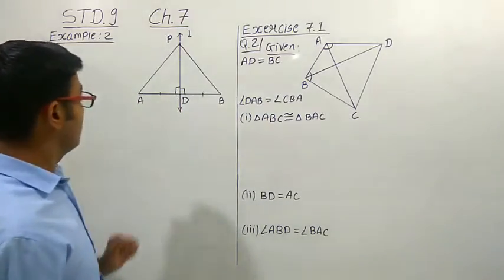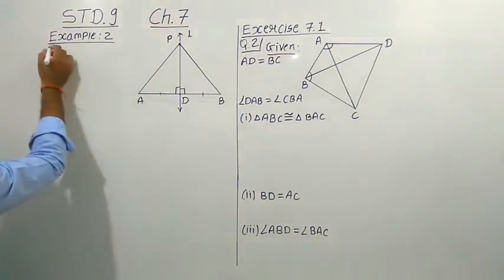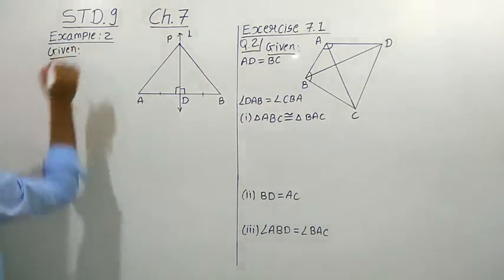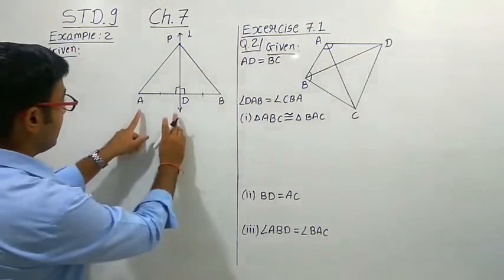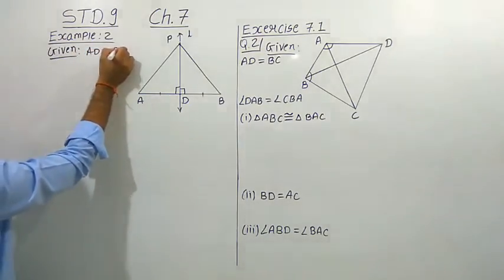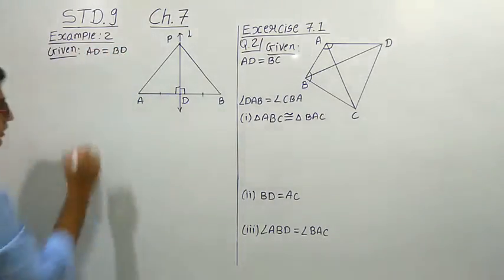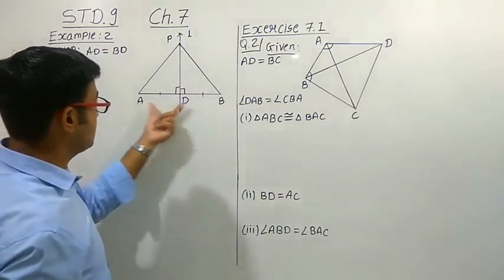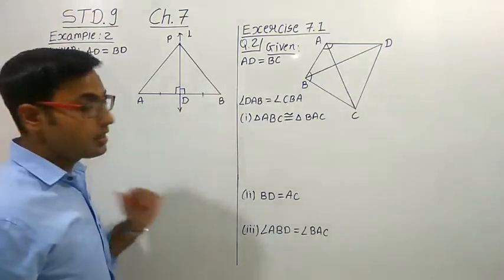Okay, so what is the condition we have been given, that we have to write down? See, the condition is that AD is equal to BD, because we are given that L is the perpendicular bisector, so these two portions become equal.